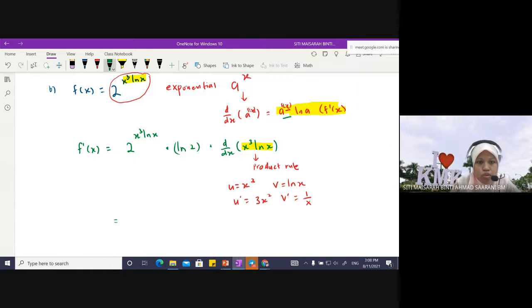So for f prime x, it is 2 power x cube ln x multiply ln 2 multiply, this goes into the formula, x cube times 1 over x plus 3x square ln x.